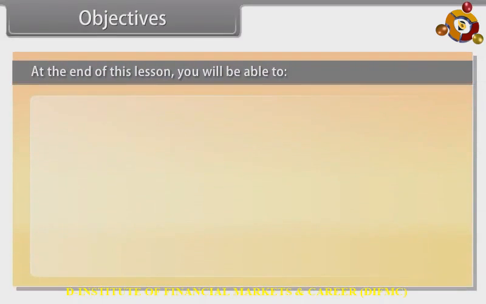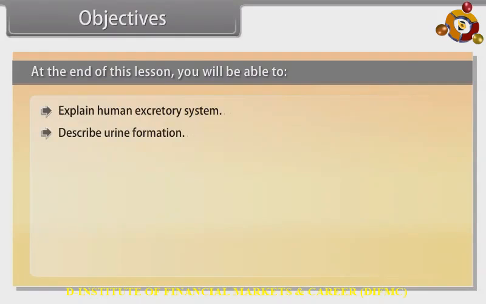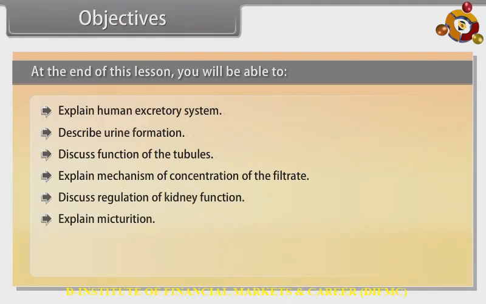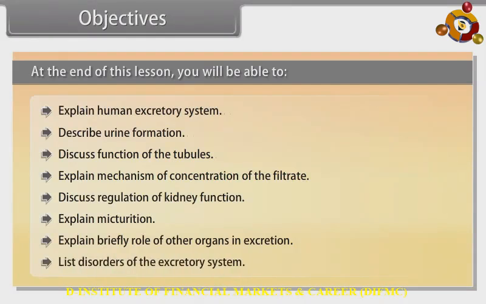At the end of this lesson, you will be able to explain the human excretory system, describe urine formation, discuss functions of the tubules, explain mechanism of concentration of the filtrate, discuss regulation of kidney function, explain micturition, explain briefly the role of other organs in excretion, and list disorders of the excretory system.